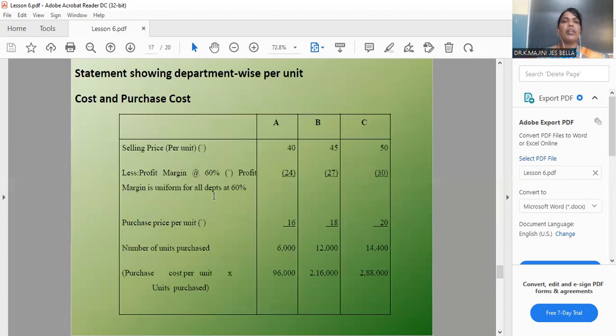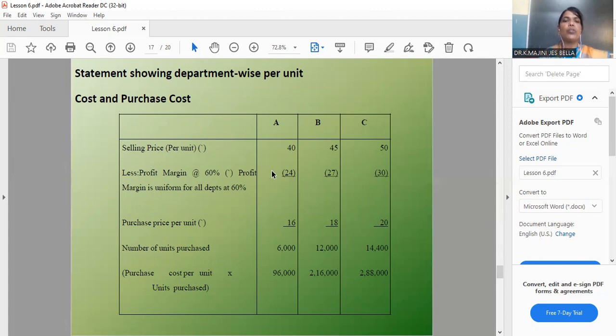So next you come here, less profit margin. Okay. For each department, the selling price will vary from one department to another department, but the profit margin is equal for all the 3 departments. Okay. 60%. Just you subtract 60%.